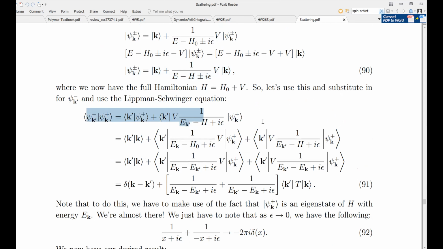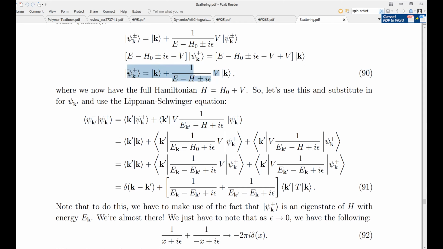So the v is over here because you're taking the conjugate, so the v has to stay with the bra. I'm replacing this with bra k prime, bra k prime v, this stuff, which is just the conjugate of this equation.